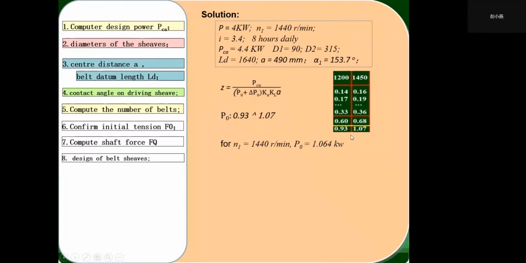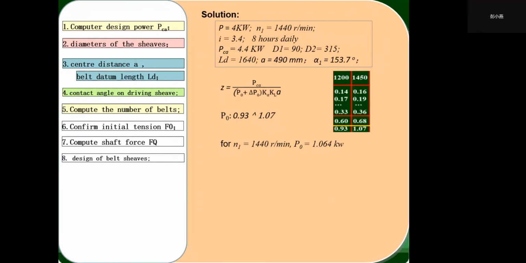So, any question for this? Do you know how to use interpolation to calculate P0?